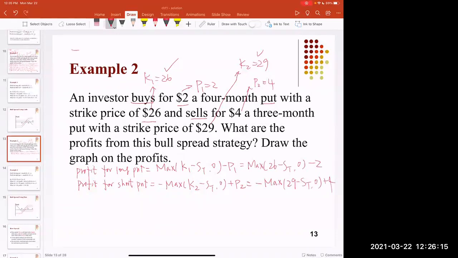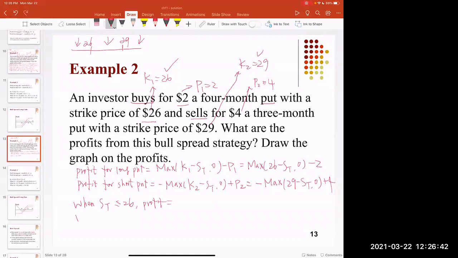If you draw the timeline, basically there are 2 strike prices, 26 and 29. So consider stock price below 26, or between 26 and 29, or greater than 29. So you can consider 3 cases. When stock price is less than or equal to 26, calculate the profit.